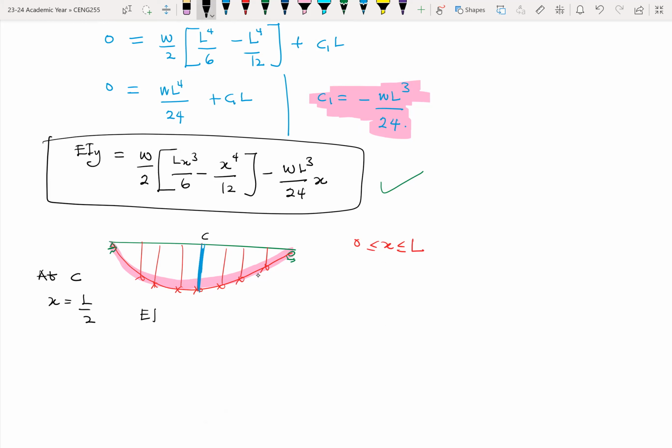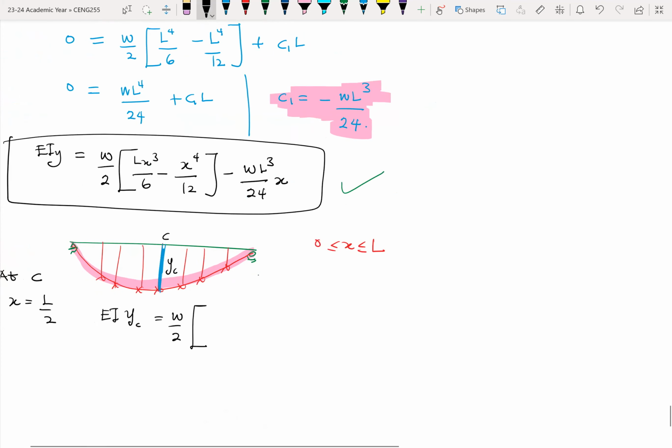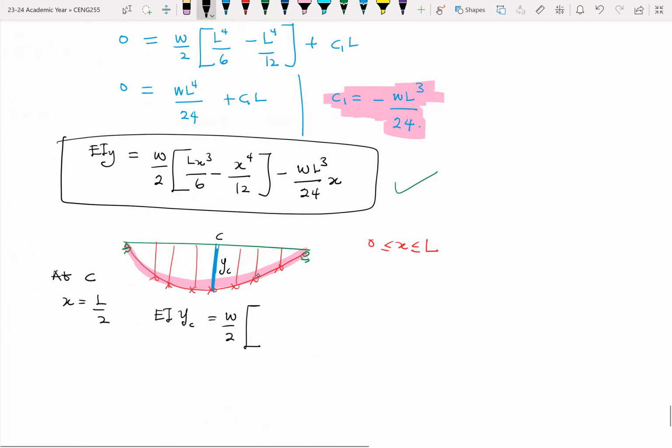So EIY, let me call this one YC because I'm finding the deflection at C. So this will be equal to W over 2 into brackets. Wherever I see X, I put in L over 2. So this one becomes L4 over 48 minus L4 over 192.